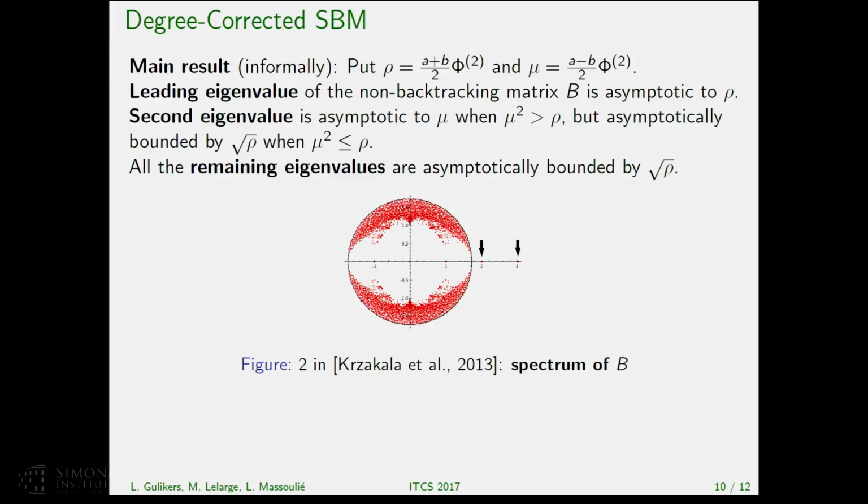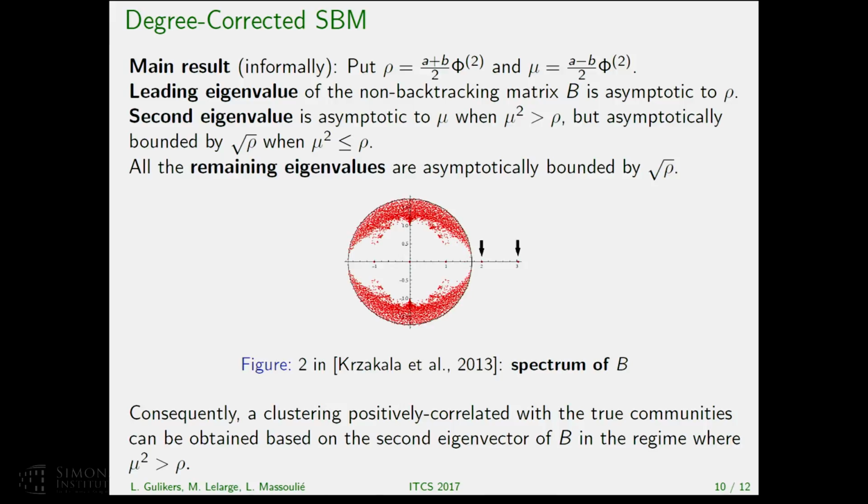And we also obtain that the remaining eigenvalues are asymptotically bounded by the square root of rho. So we always have a leading eigenvalue, then a bulk of eigenvalues that are confined to a disk of radius square root rho, and we have a second eigenvalue that's either lying inside this disk or just outside this disk, clearly separated from the bulk of eigenvalues.